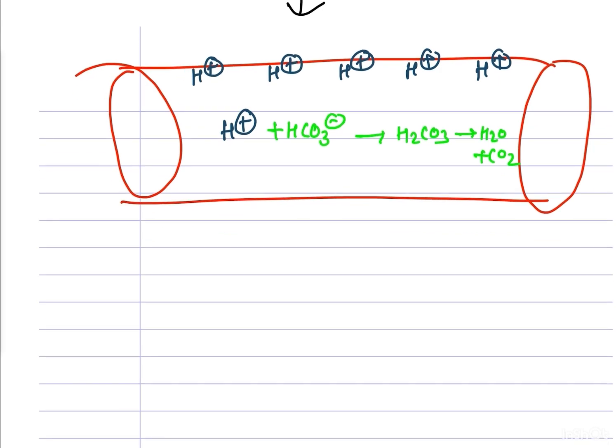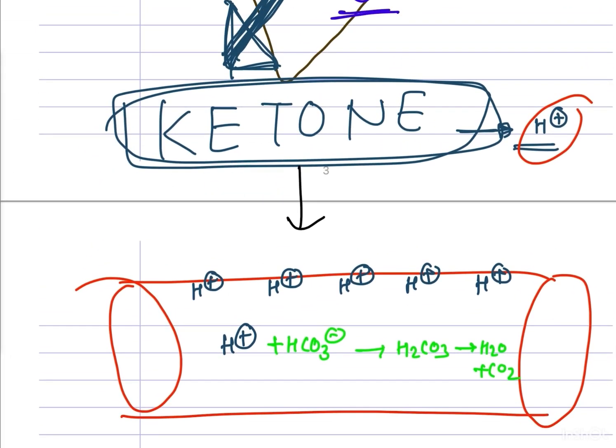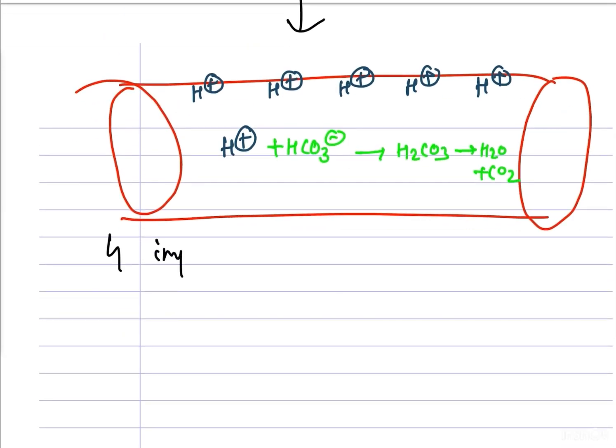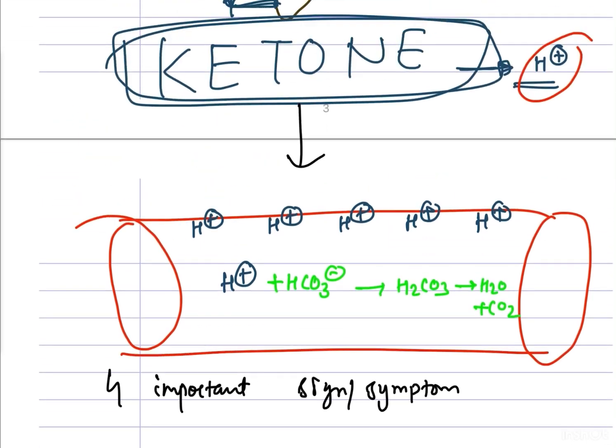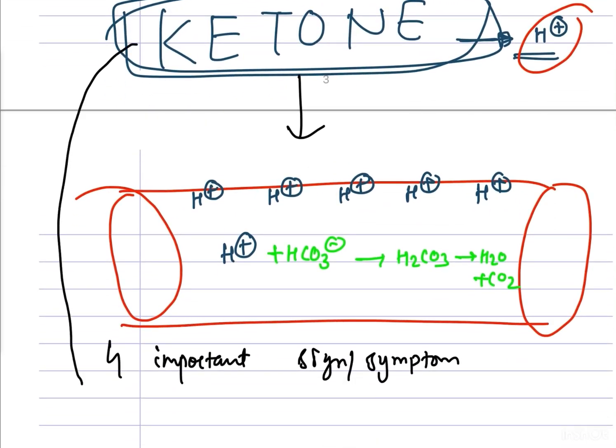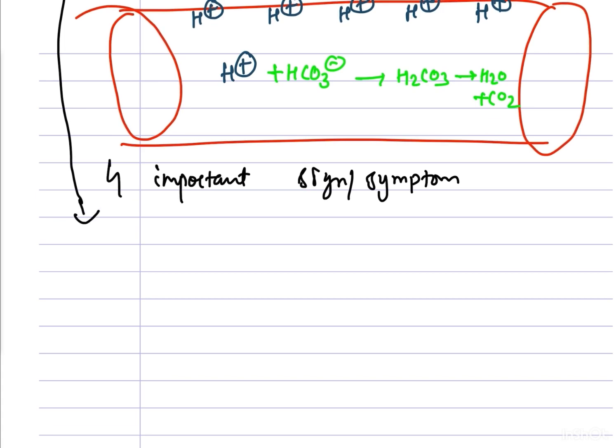Now we have to learn 4 important symptoms or signs, you can say, of diabetic ketoacidosis. First, ketone has a property of irritating or stimulating the CTZ area of the brain.